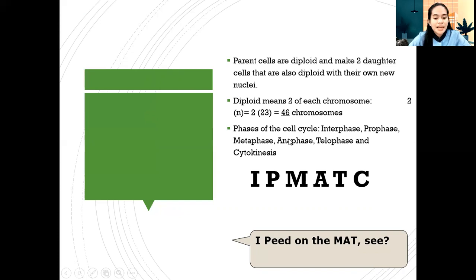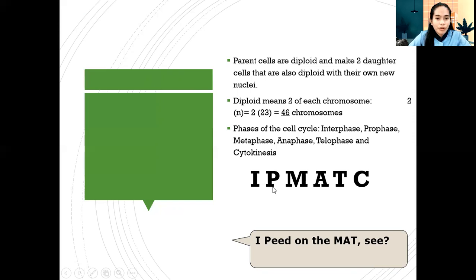Phases of the cell cycle, meaning you have your IPMAT-C. Just remember that: IPMAT-C, "I feed on the mat, C." I stands for interphase, that's our Gap 1, Synthesis, and Gap 2.